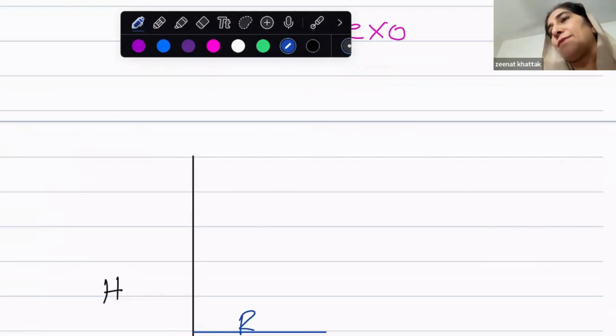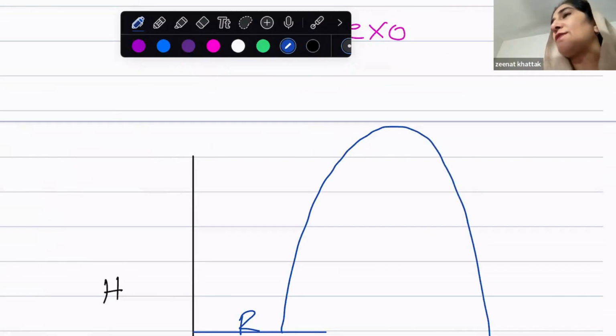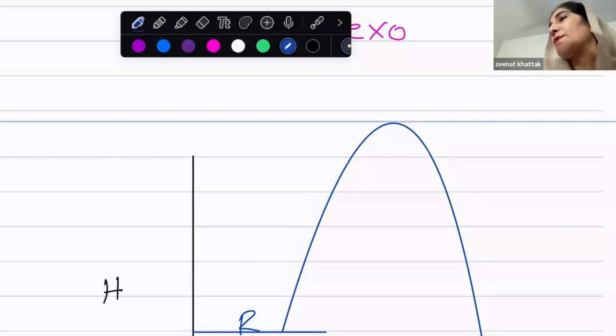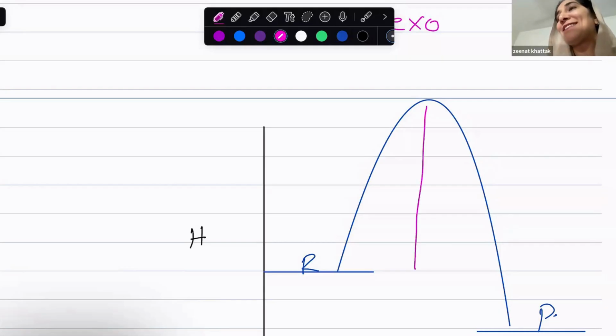Reactant, absorb more, released less. Absorb more and absorb less and released. I'm not going to record it again.